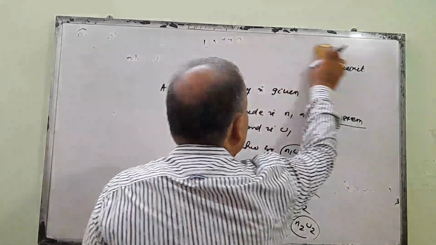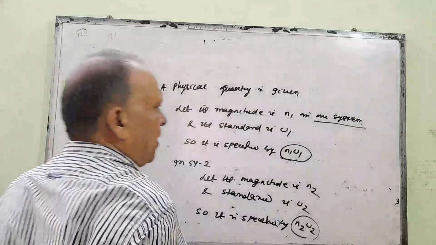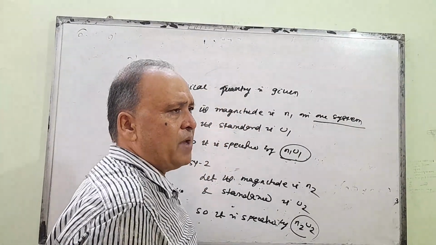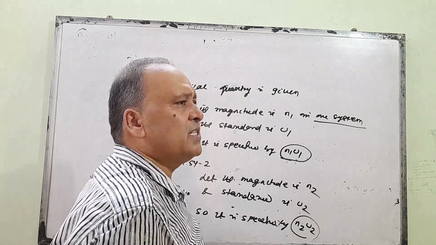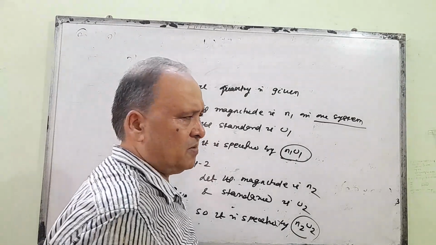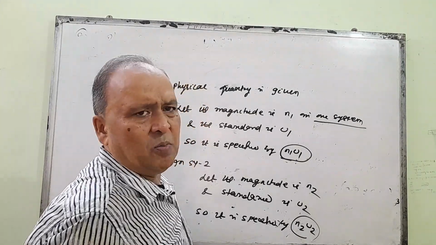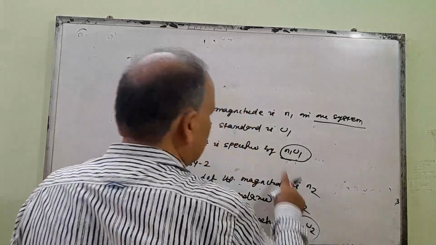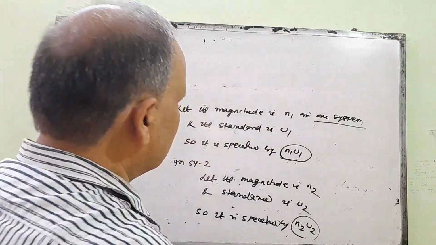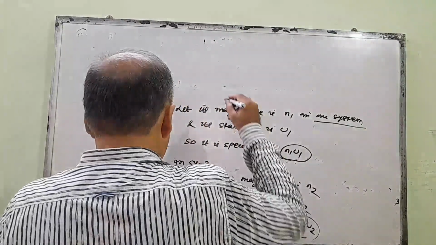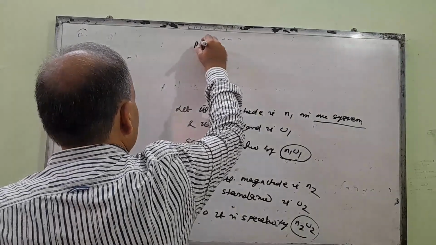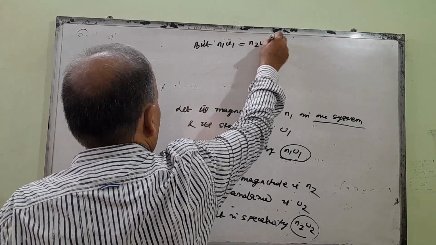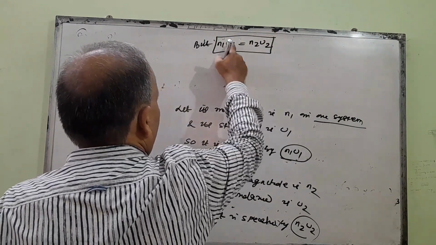Suppose a length is measured as 5 meter in one system, and in another system you say it is 500 centimeter. Which is greater? We say both are same, because 5 meter is equal to 500 centimeter. In similar manner, in first system it is N1 U1 and second system it is N2 U2. So we can say N1 U1 is equal to N2 U2, because this is your 5 meter, this is your 500 centimeter.